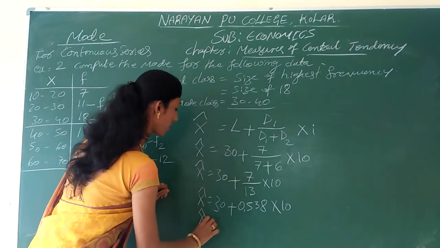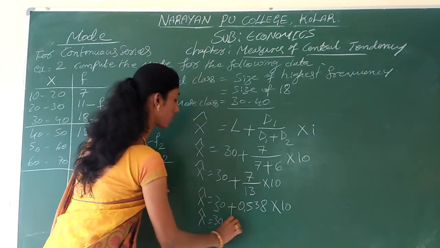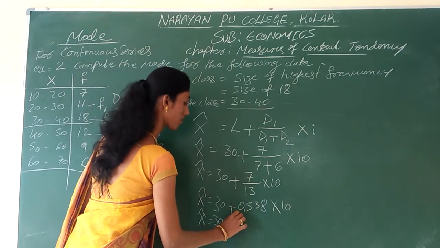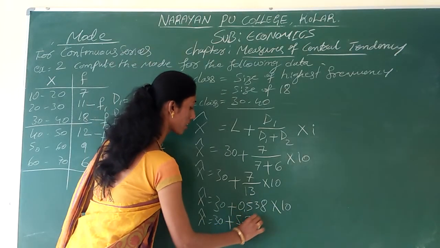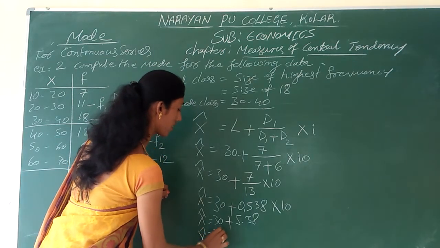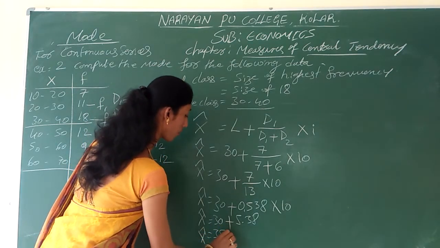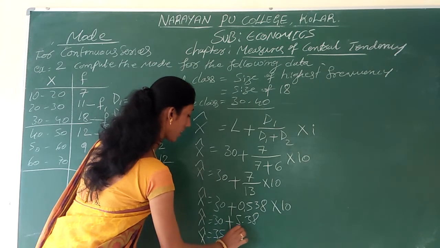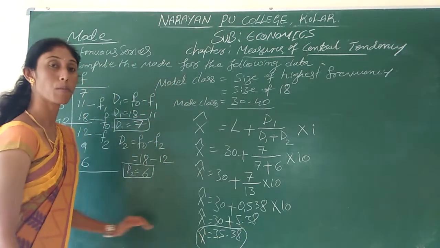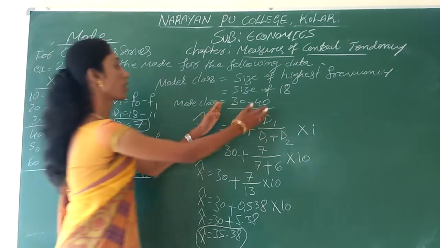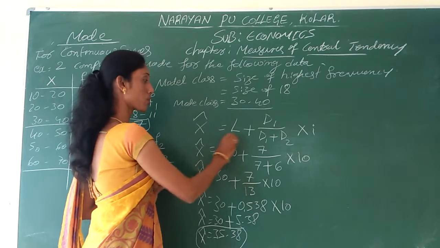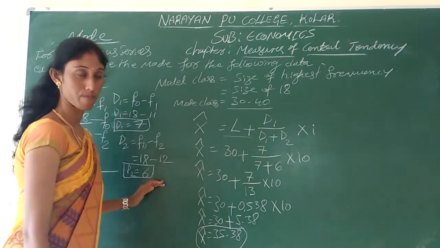Mode is equal to 30 plus 5.38. Then the answer will be 35.38. This is the mode in between the mode class. We get the exact mode by using this particular formula.